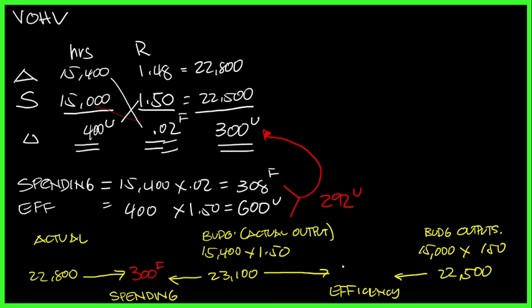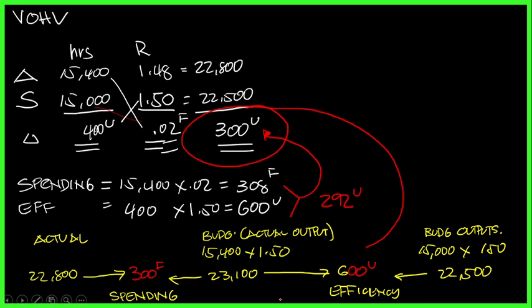And the difference of these two is 600 na unfavorable. And the total is 300.